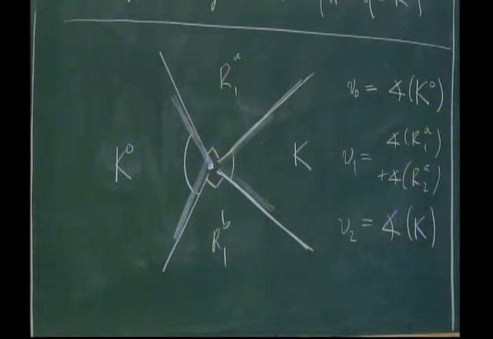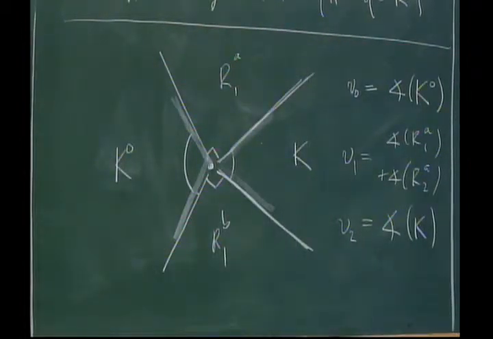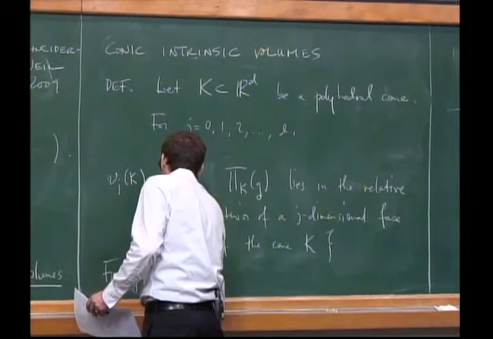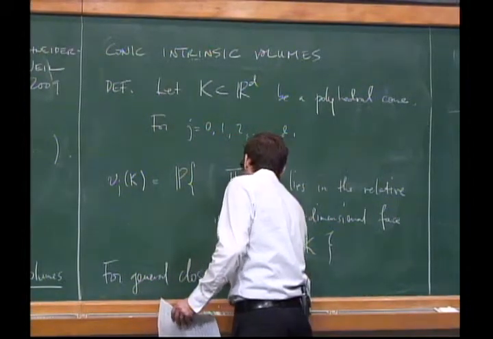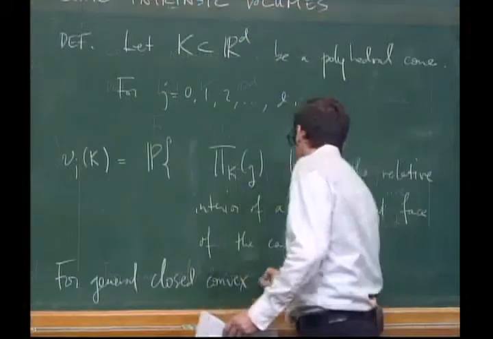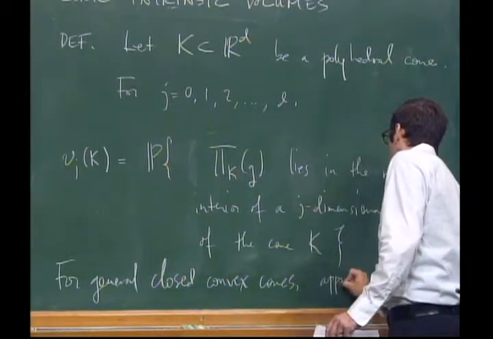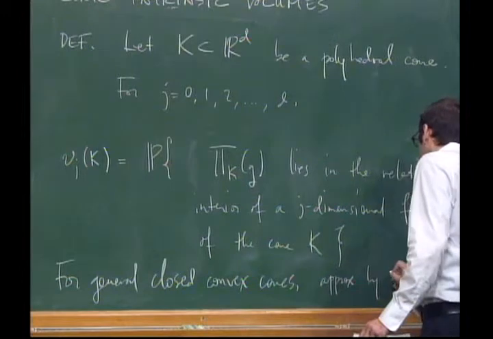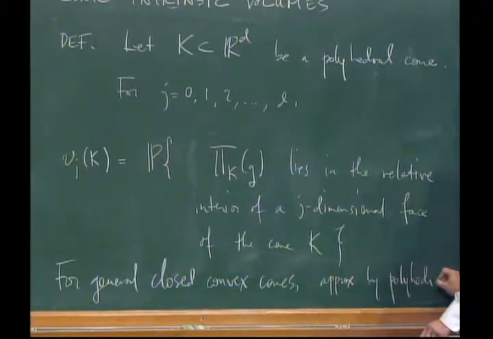Okay, so a couple other things I ought to say. So first of all, for general closed convex cones, we approximate by polyhedral cones. Okay?